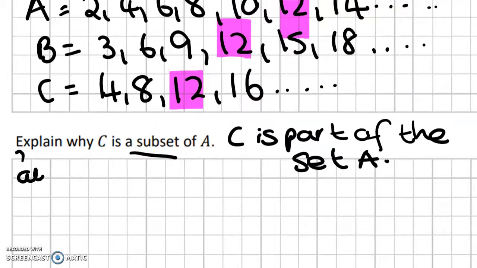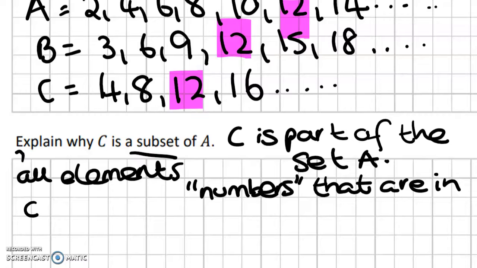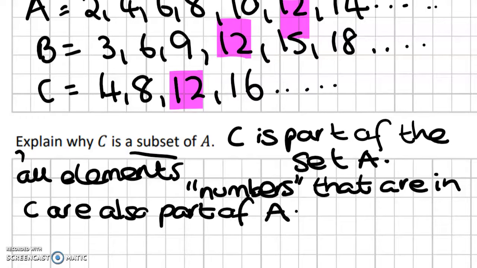So all the numbers that are in C are also part of A. Now it's very important to notice, lads, that A could have other numbers that are not in C. So A is not a subset of C, C is a subset of A.